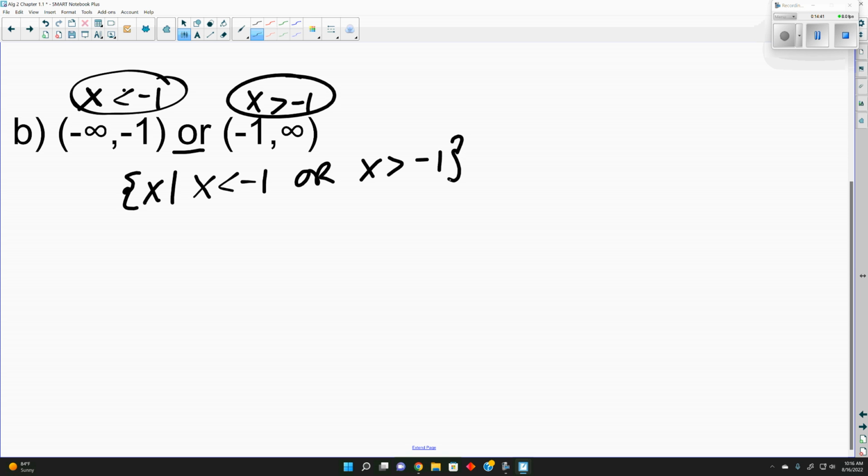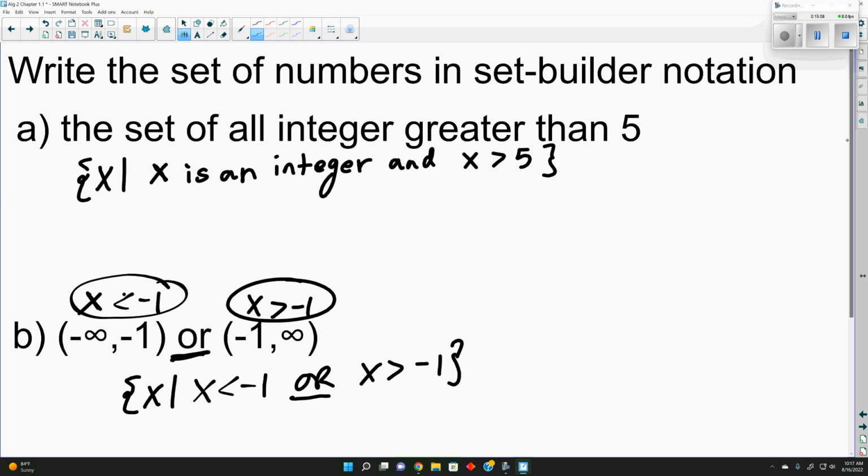Questions on this here? So we feel all right with this? And if you're wondering where I got the or from, that's just from the statement, because it's saying that this is true or this or this. If it had said and, we would have and. But for this here, we wouldn't actually use and because there is no overlap. Questions on these two here?